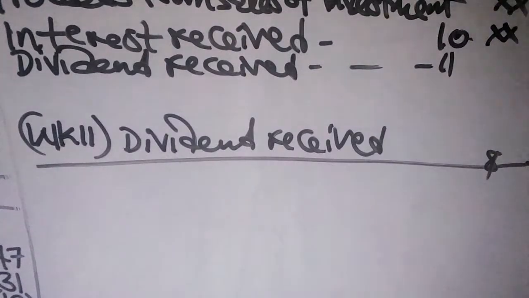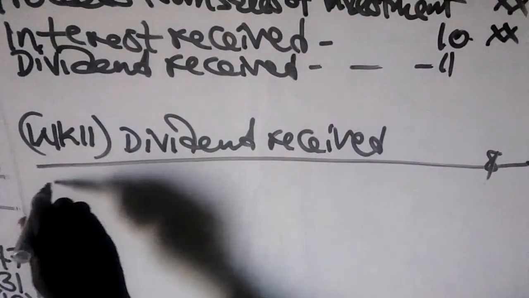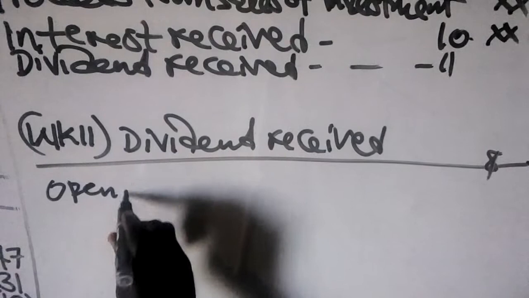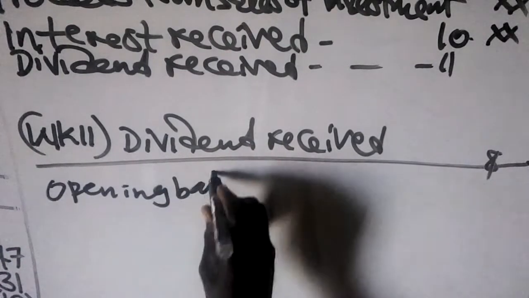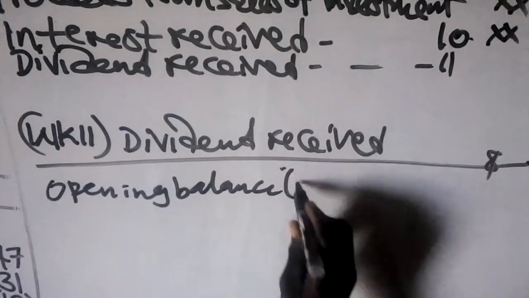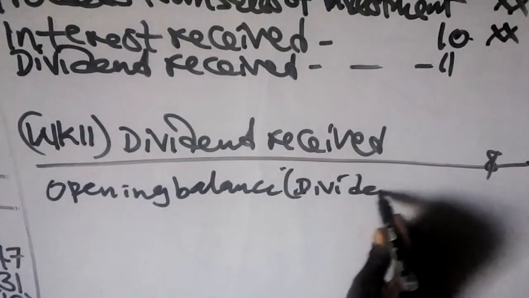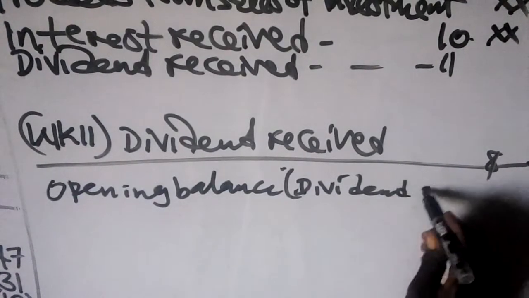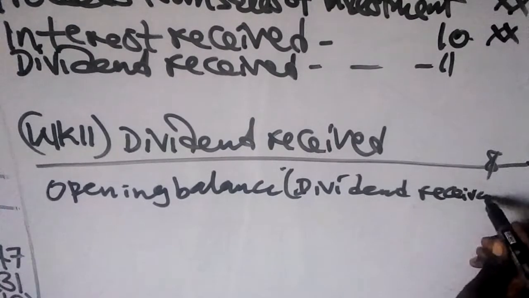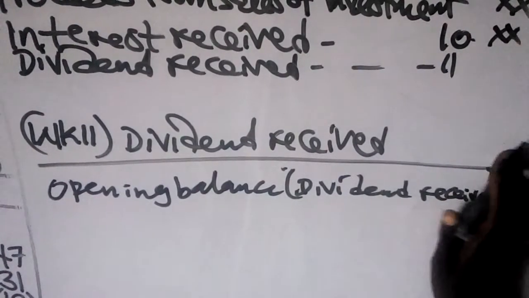So you start with the opening balance, as usual, which is dividend receivable.